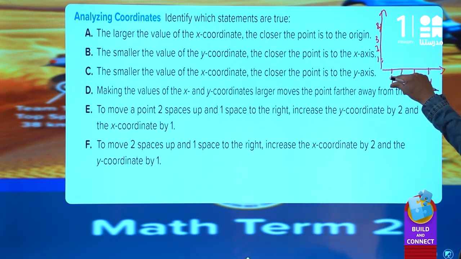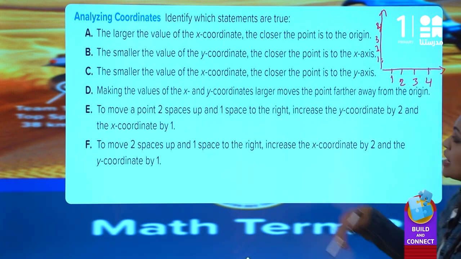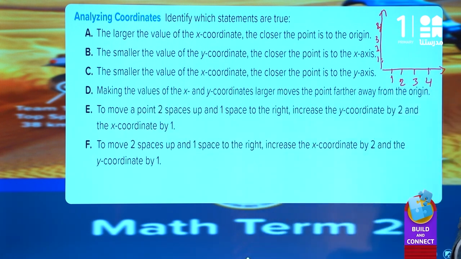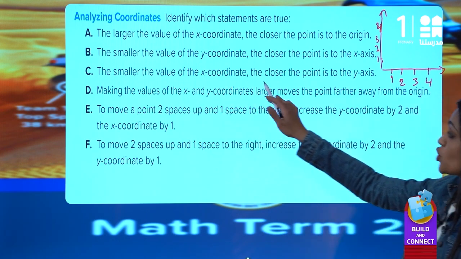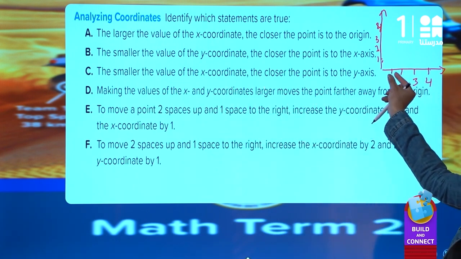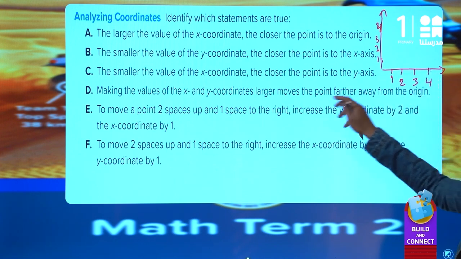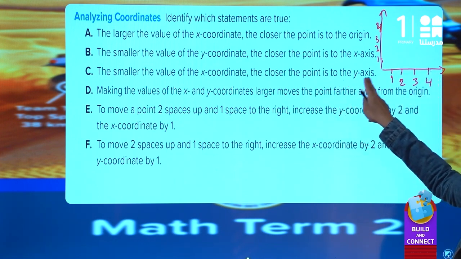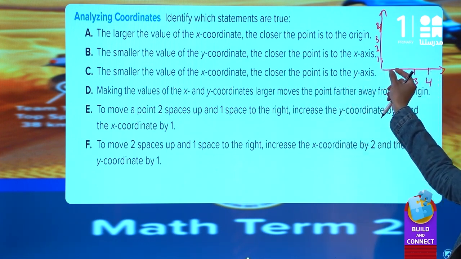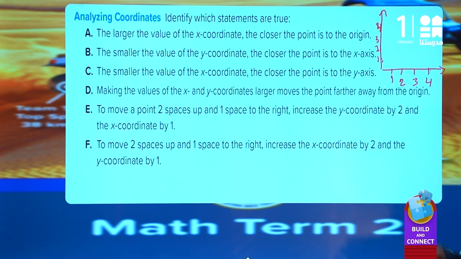So as long as the value is smaller, it becomes closer to the x-axis. Let's see C. The smaller the value of the x coordinate, if it's 1, for example, the closer the point is to the y-axis. Yes, exactly, it will be closer, right?